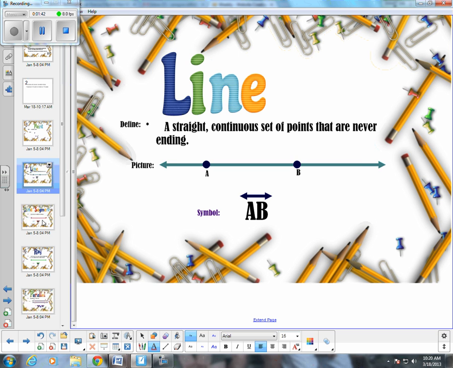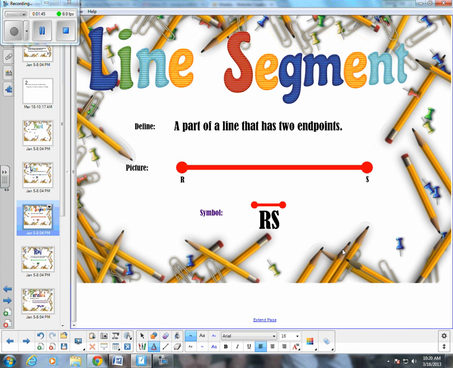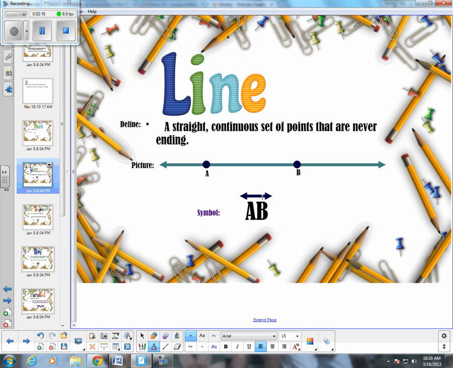The next one we're going to talk about is a line segment. Now a line segment is a part of a line that has two endpoints. And the two endpoints are points. Now notice that they don't have the arrows at the end because they stop at those points. If you're going to do a symbol for line segments, your symbol would be a line above it with two endpoints, and those are very, very important because sometimes they can get confused with the line symbol.